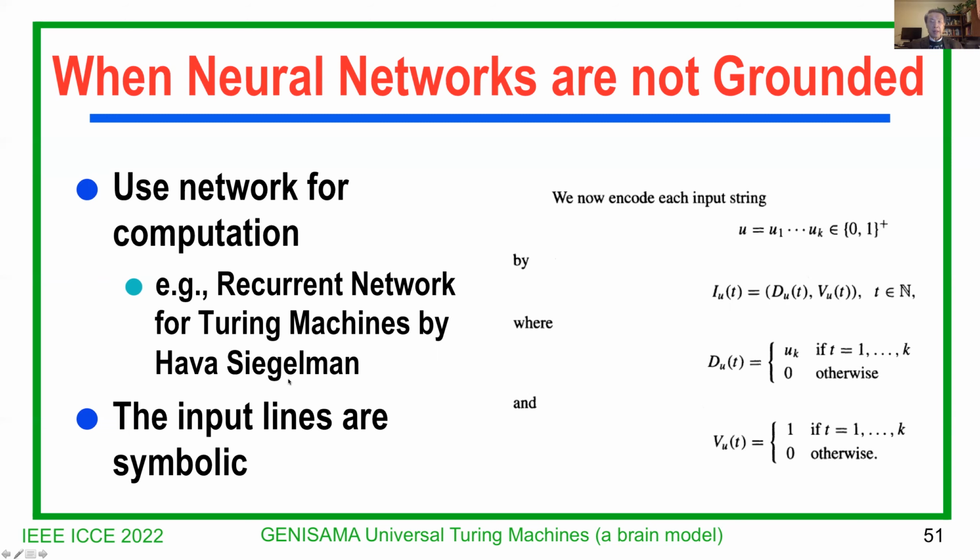It's great in the sense that very few people have simulated a Turing machine using a network, but the network input lines are symbolic. For example, suppose the input has an activation line: if the activation is 1, the input is valid, and 0 is not. Then this line has only K symbols. That is a kind of advance, but it does not really solve the fundamental problem of groundedness. It's still symbolic.